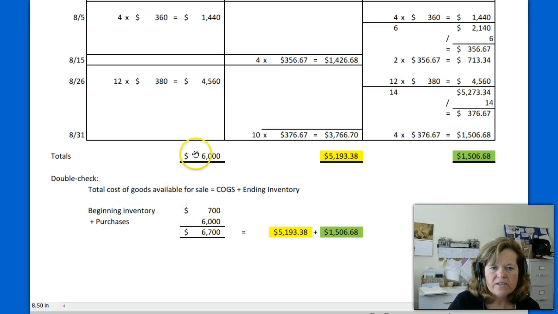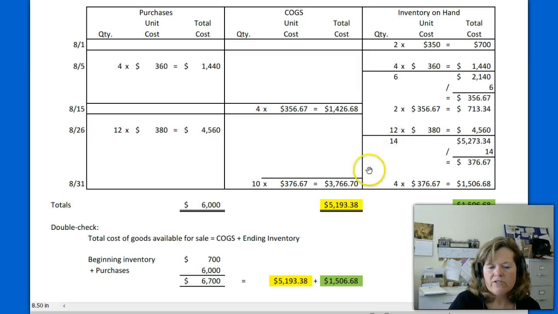We had our $6,000, but we need to make sure that we add in the $700 that we started with. So cost of goods available for sale is $6,700, and I can take my cost of goods sold of $5,193.38 and my inventory on hand at the end of the month, $1,506.68, and the sum of those equals $6,700. What that tells me is that I've accounted for all of my inventory costs.